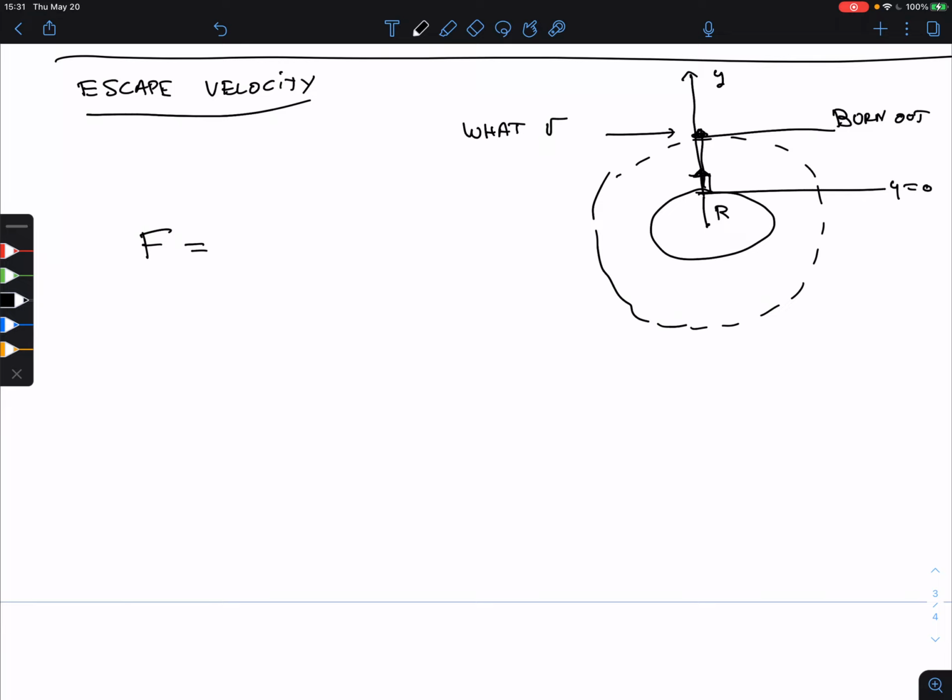Because the true law of gravitation involves the square of the radius. So I'm just going to write down the formula. If your little object is at y here, it has a certain mass. Remember, the mass is going to be important. That's why we have to balance these things. They're trying to make this as light material as possible.